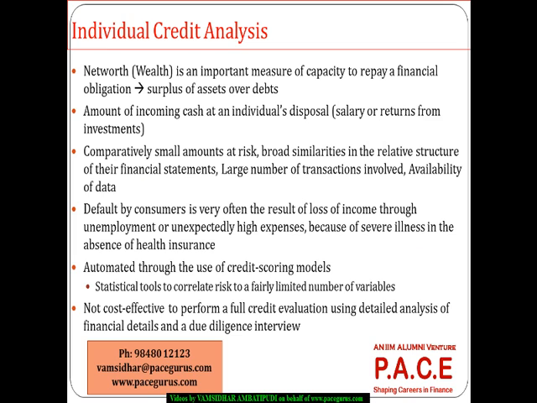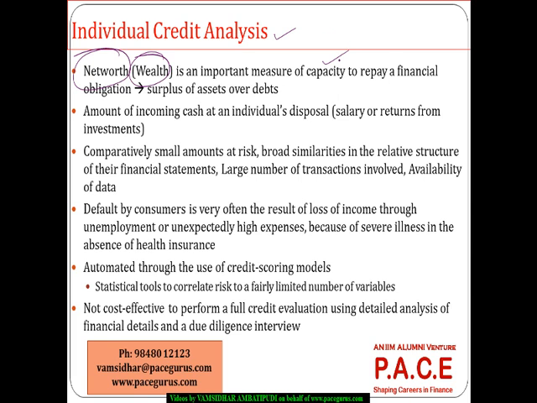So going with each of these things in depth, when I'm doing an individual credit analysis, I'm simply looking at an individual borrower, probably for a housing loan or a vehicle loan or some such kind of loan that he is going to take. So here the main criterion is the wealth that this person is having, the net worth that this person is having. So that's the measure of capacity. The higher the wealth, the more assured I am as a lender that this person will repay.